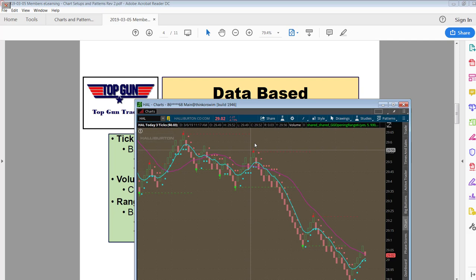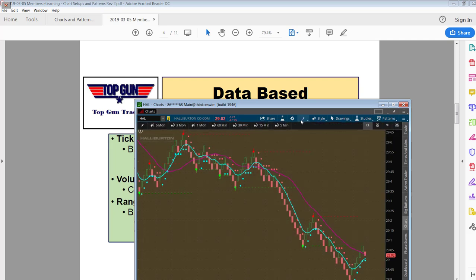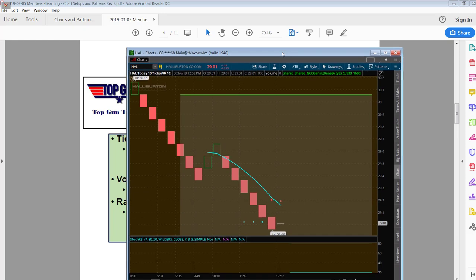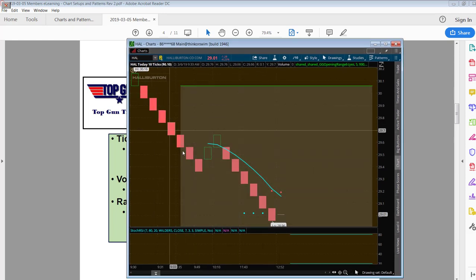Well, if I were to change time frame and go over here to 10 ticks, now you can see how we have very steady. We've taken out a lot of the noise.